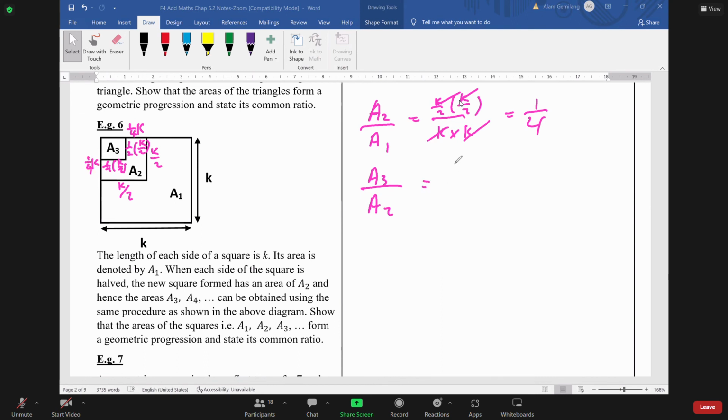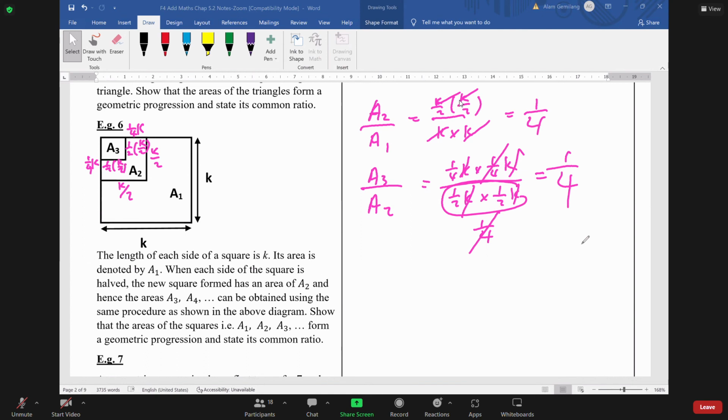So that means 1/4 K times 1/4 K divided by 1/2 K times 1/2 K. So K cancels, this one multiplies to 1/4, so 1/4 and 1/4 cancel. So it's 1/4, the same. So the common ratio is 1/4.